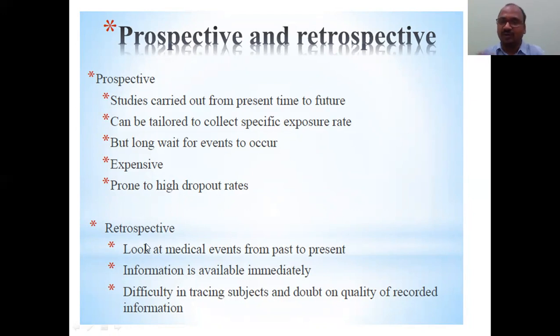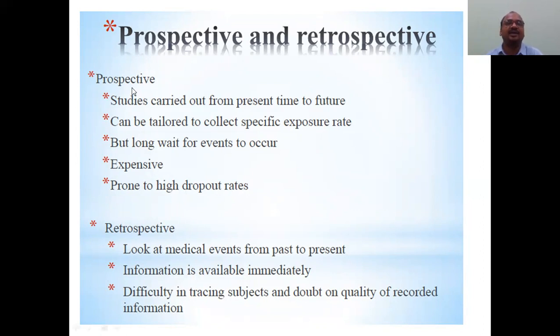In retrospective, you are not doing any work. You are just collecting data from the internet from the past, 2015 to 2020: how many smokers there are, and how many people got lung cancer in the Ibrahimpatnam area. Whereas a prospective study goes from here to the future.